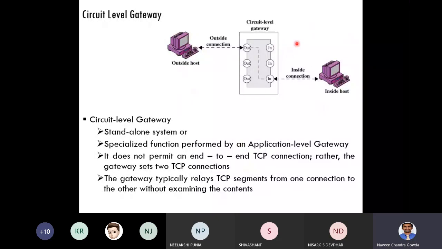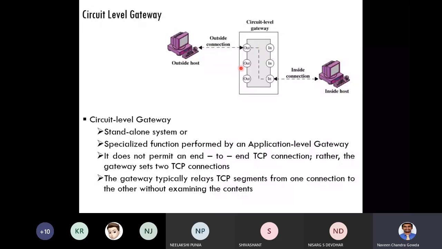When you connect them, you don't have to connect them end to end. They don't have to be connected directly through multiple intermediate devices, because that process will be taken care of by the circuit level gateway. You don't have to have an end to end TCP connection between the actual outside host and the actual inside host, because it is happening through this circuit level gateway.